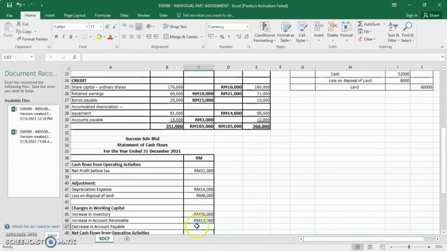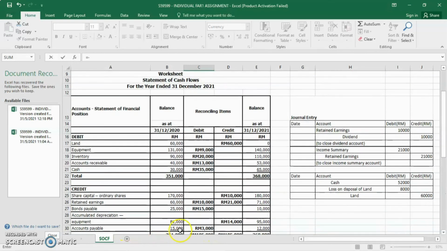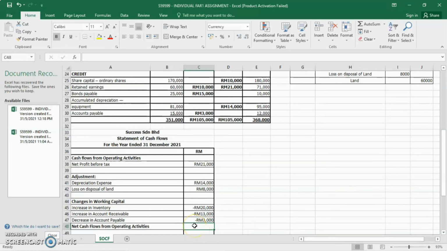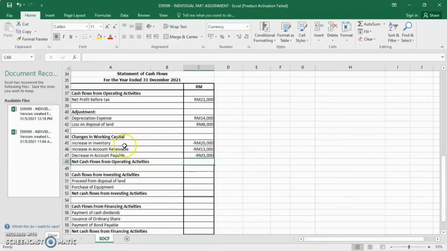Customer do not make payment to company. Decrease in account payable minus 3,000. When account payable decrease, it means the company makes payment, so cash outflow. So we need to minus it.